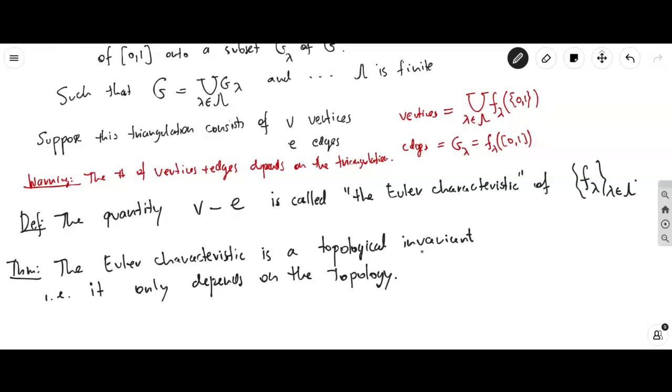It does not depend on how you triangulate. You can triangulate many different ways, but that quantity, when you take the number of vertices minus the number of edges, the number that you get will always be the same because it's the same graph.